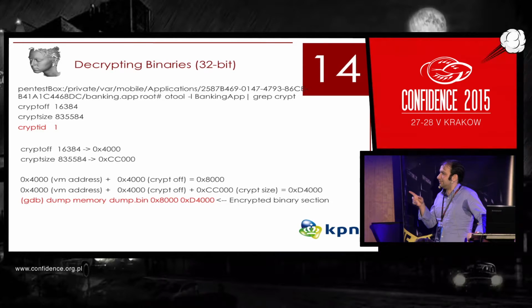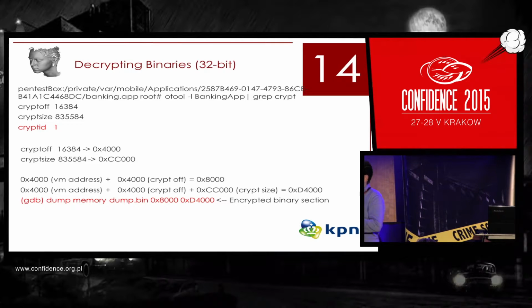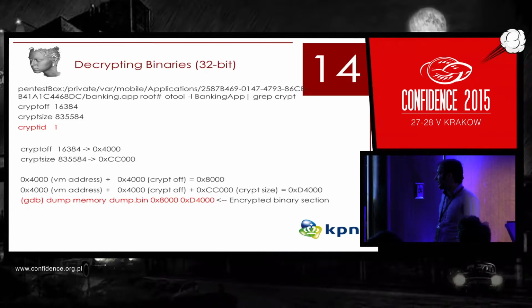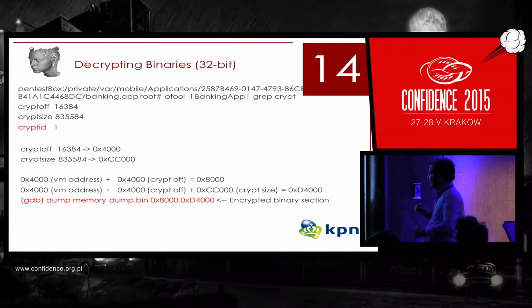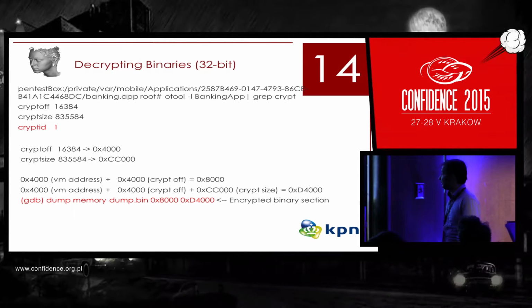If the cryptid is returned as zero, it means the binary is not encrypted, otherwise it is encrypted. So in the past, we used to find the encryption section and the VM address, the virtual memory address, and find its length. And we simply ran the executable under a debugger, defined the sections, dumped the binary, and we could simply extract the unencrypted executable.